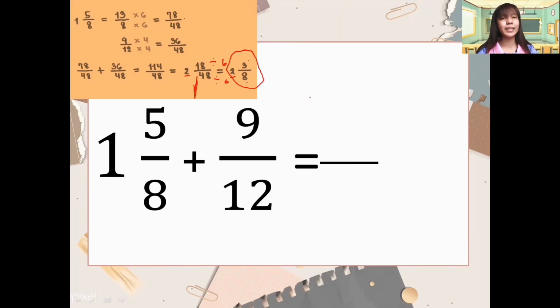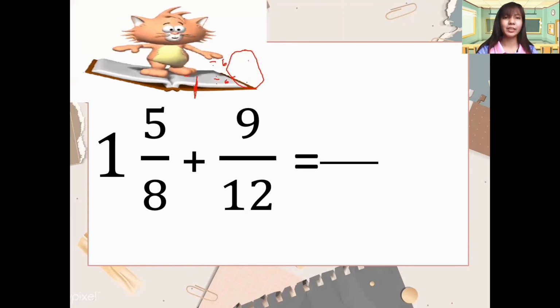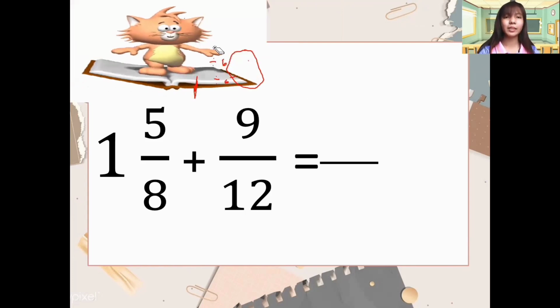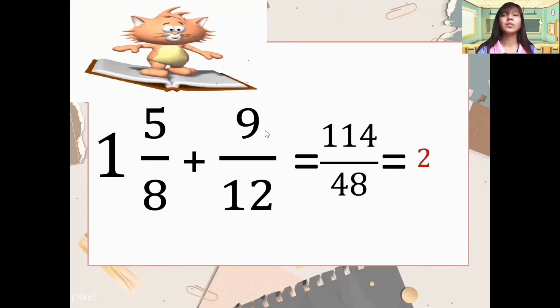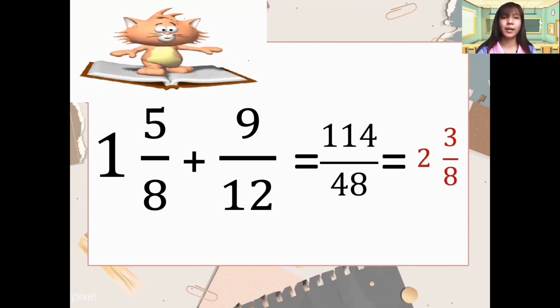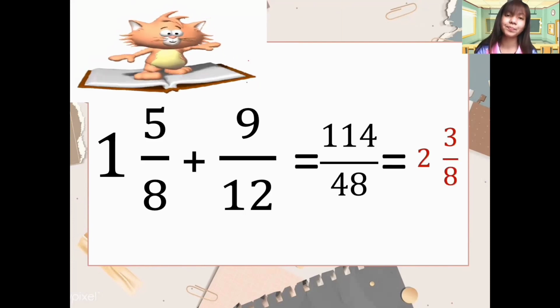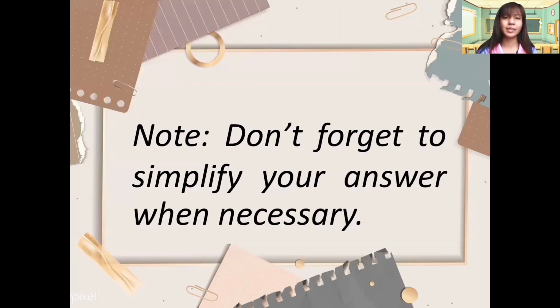Okay. So again guys, you really have to simplify your answer. Okay. So again, what's the answer? Okay, so the answer is 2 and 3 over 8. Understand? Alright, so just a reminder again, don't forget to simplify your answer.